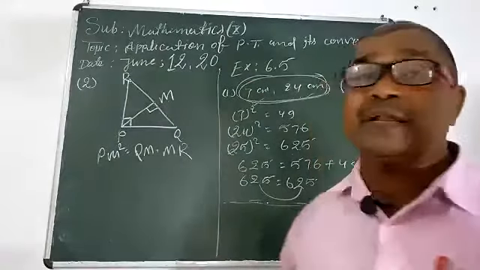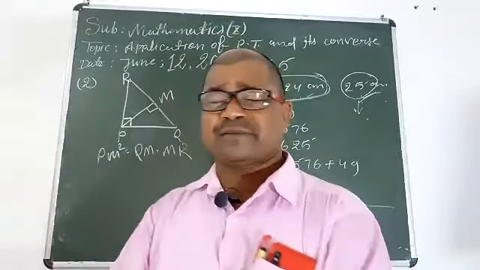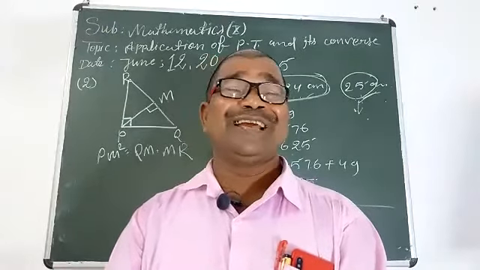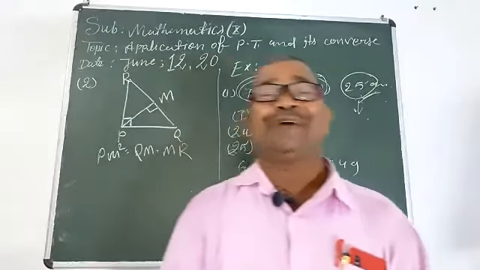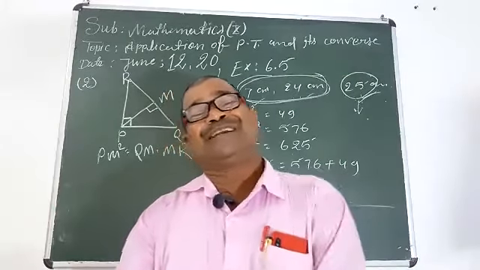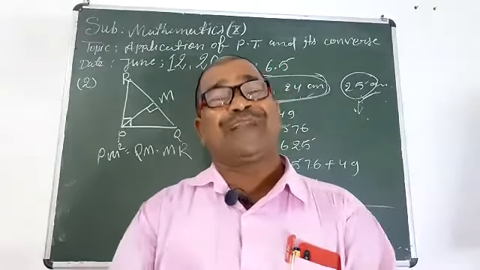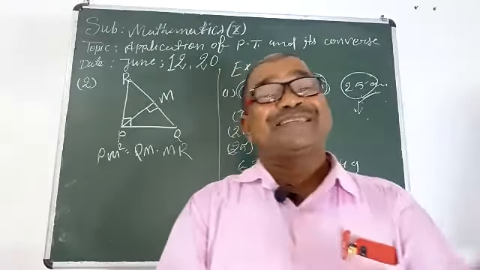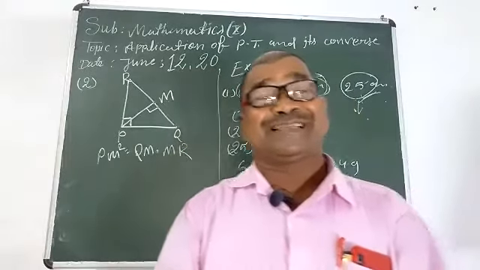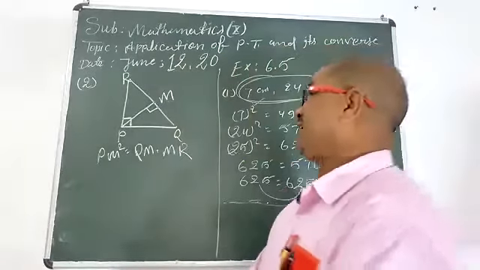After drawing a perpendicular in a right angle triangle from the right vertex on the hypotenuse, the triangle is divided into two right angled triangles, and they are similar to each other. One triangle is similar to the original right angle triangle. The second triangle is also similar to the original right angle triangle. Understood?